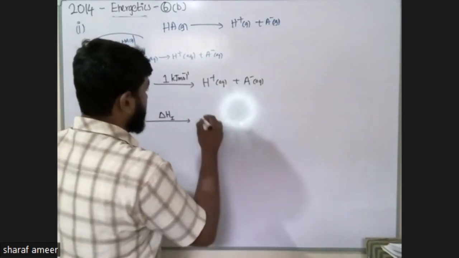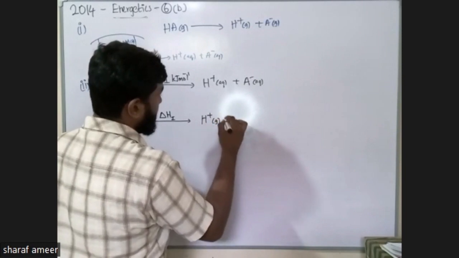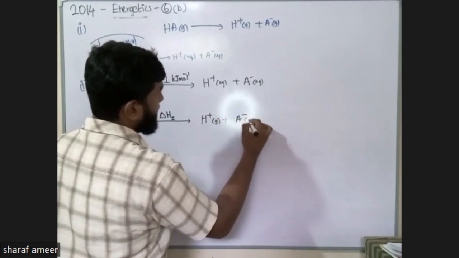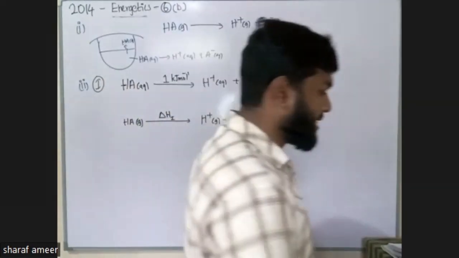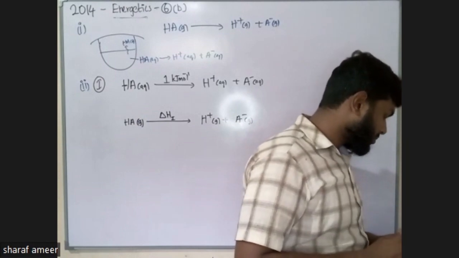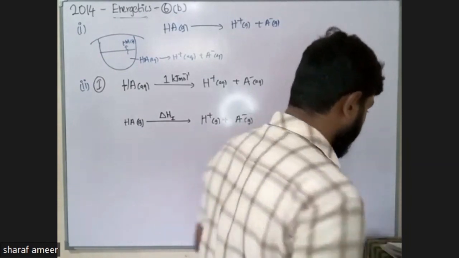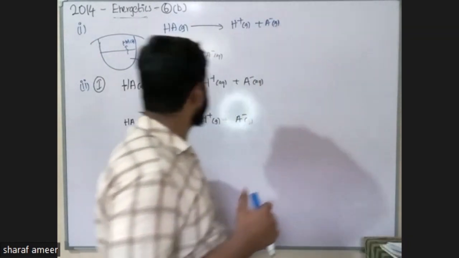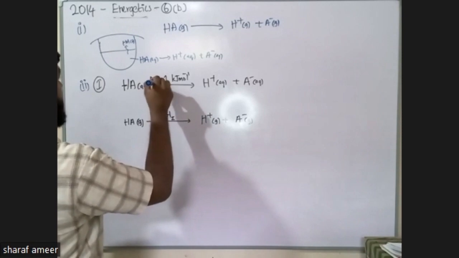So it gives H plus gas plus A minus gas here. So this is delta H1.